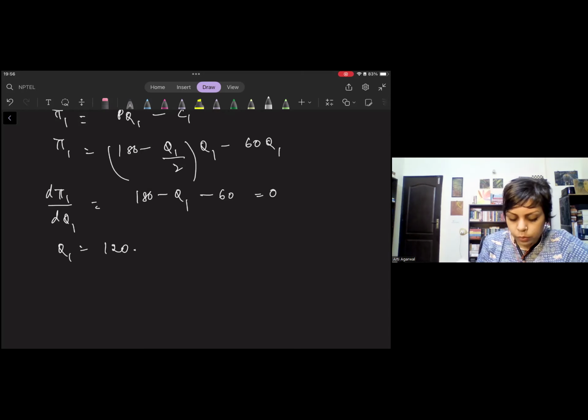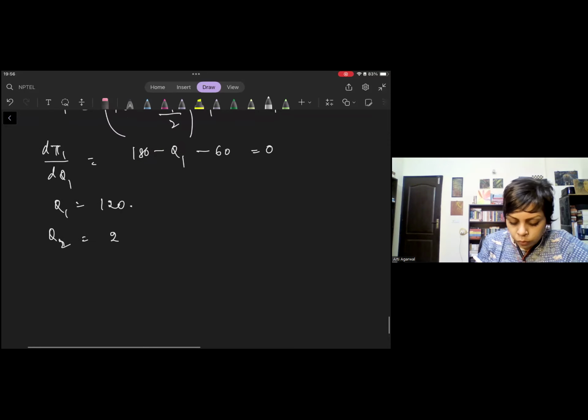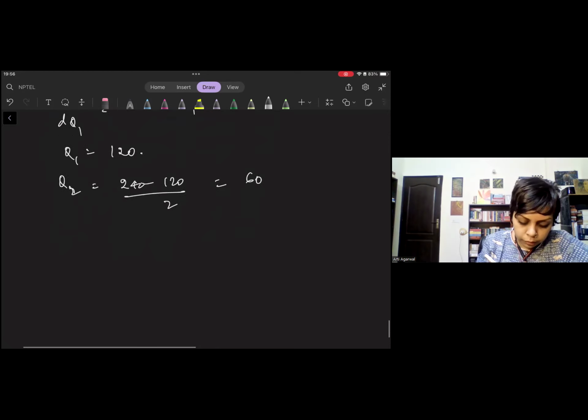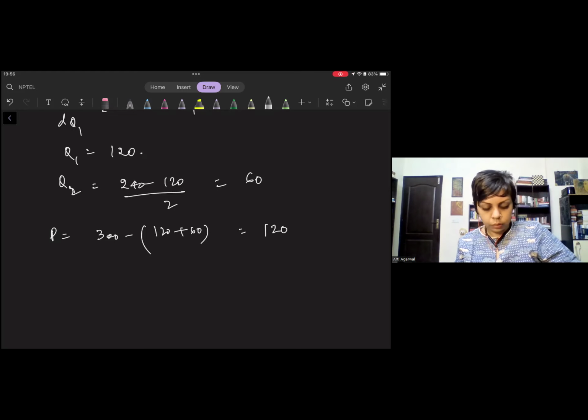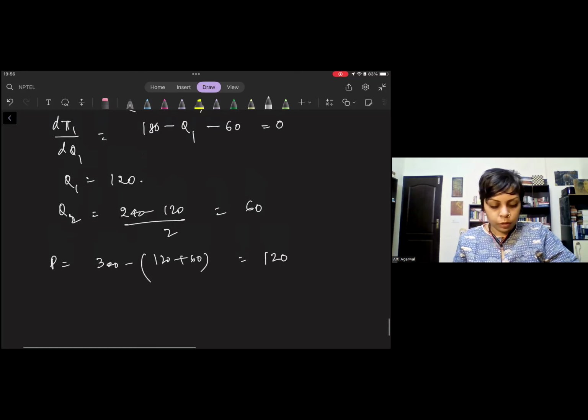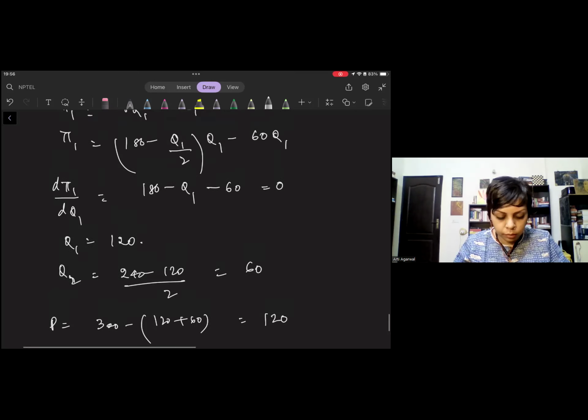So q1 comes out to be 120 and q2 comes out to be 240 minus 120 by 2, which is equal to 60. And the price comes out to be 300 minus 120 plus 60, which is equal to 120. Right? Yeah, I went over it a little bit fast, but this is just simple algebra actually.